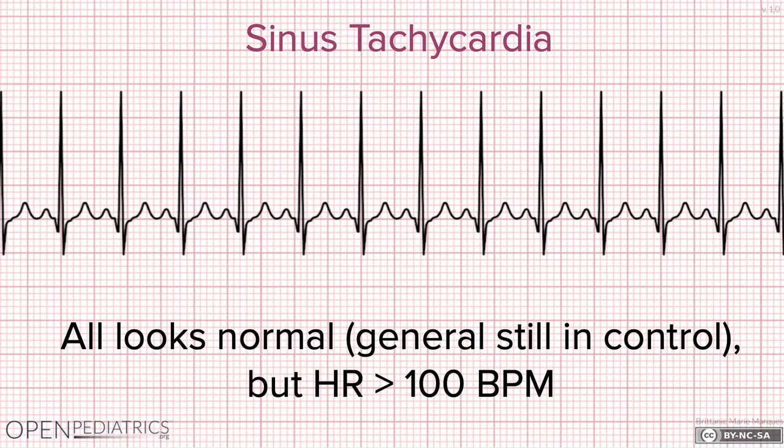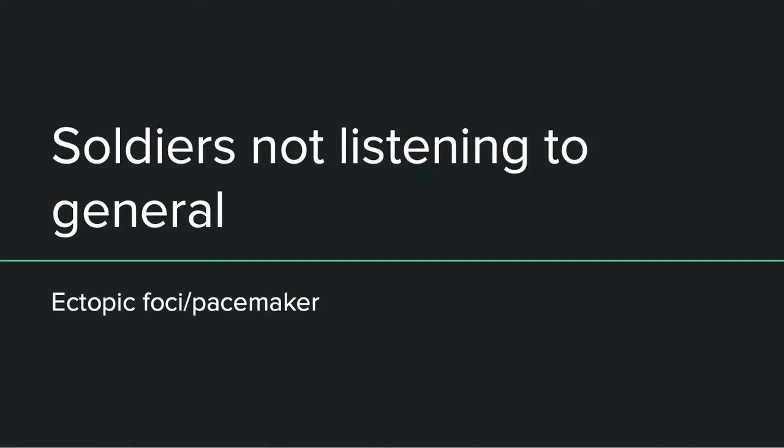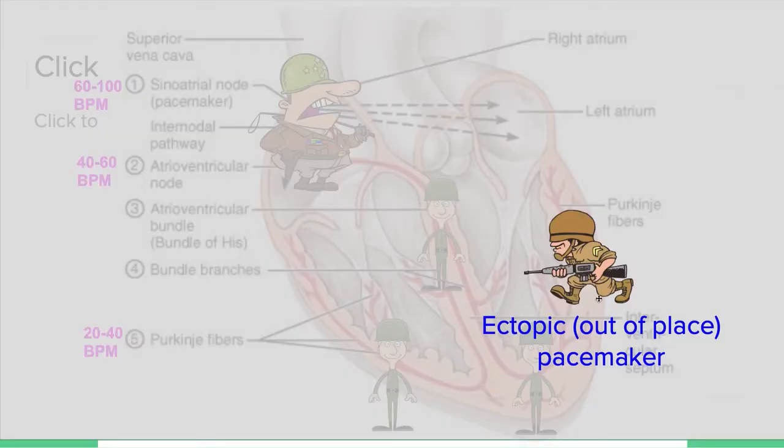All right, so these are two examples of the general going too fast, general going too slow. Now what we're going to do is look into cases where the soldiers, so everybody but the general, are not listening to the general. They're not doing what they're supposed to do. So for example, let's say that the general is trying to bark orders and say, contract 60 times per minute.